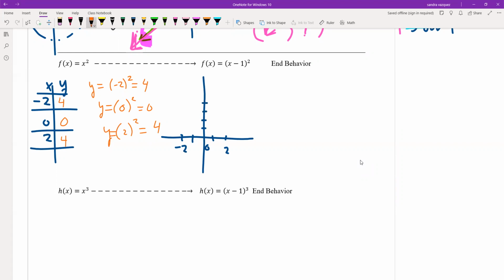So I have this point right here, (-2, 4), and then I have the point (0, 0), and then I have the point (2, 4). Okay, the other time we discussed this graph, and we said that every time we have a square, I hope you remember, you will have a parabola shape. So this is a parabola.